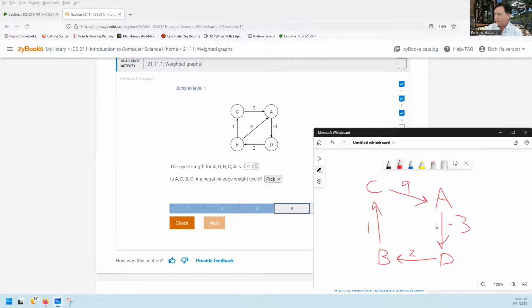So it's -3, then 0, then 9. The answer is 9, right? Because when you add up 10 minus 1 is 9. Total is 9. So I'm going to put 9.